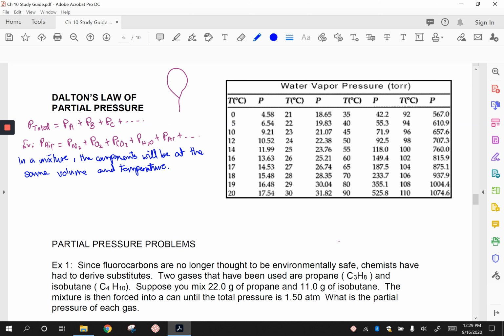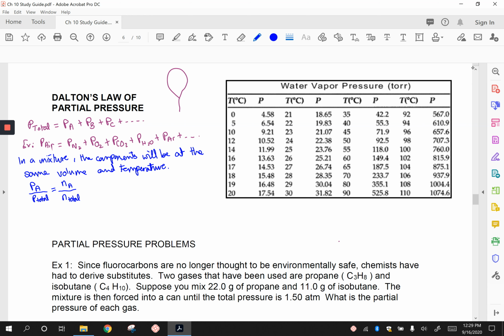So what does that mean? Remember when we talked about the variables for gases and the combined and the ideal gas law? Well, if we hold two variables constant, then we can relate the other two. Remember, the other two were moles and pressure. So we can say that the pressure of substance A compared to the total pressure is equal to the moles of A over the total moles, right?